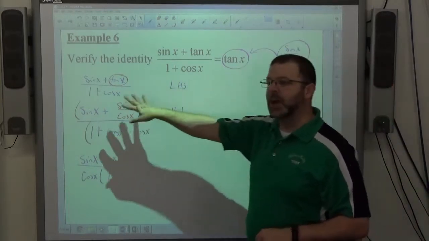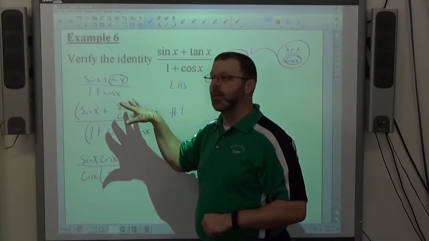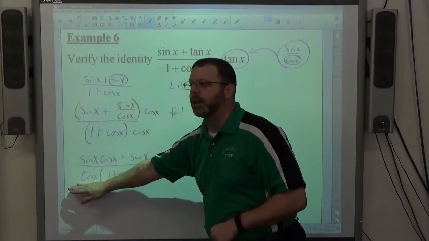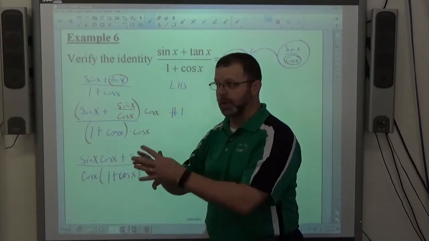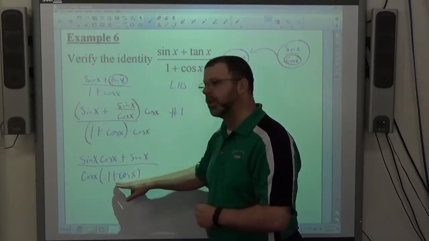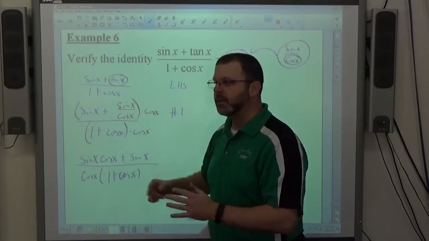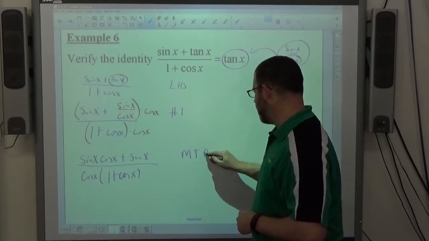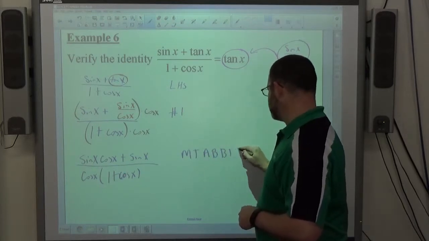There's some sines up there, but there's not one sine sitting there all by itself. On the bottom I've got this cosine sitting all by itself, so I'm going to keep it out there instead of multiplying it through, keeping it separated, hoping that somehow this 1 plus cosine of x can disappear. And all I did there was multiply top and bottom by the same thing.